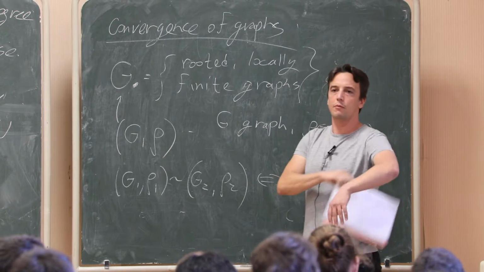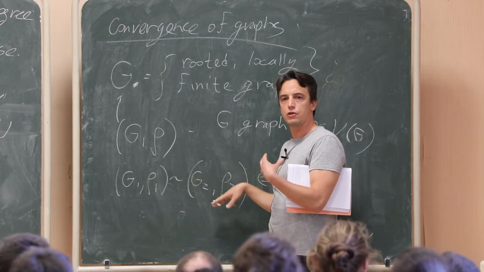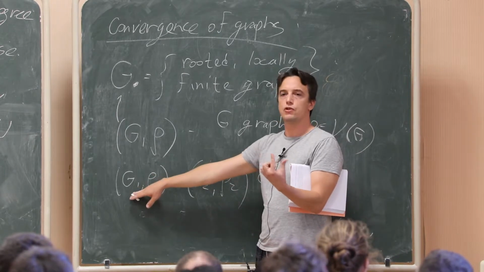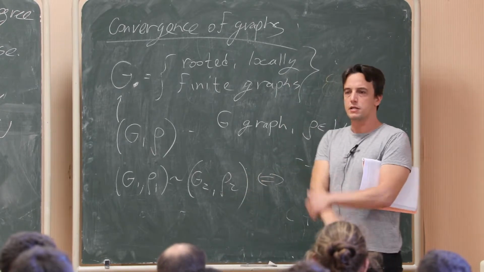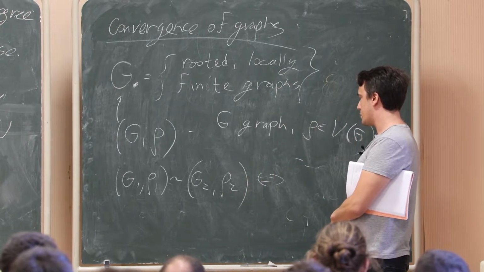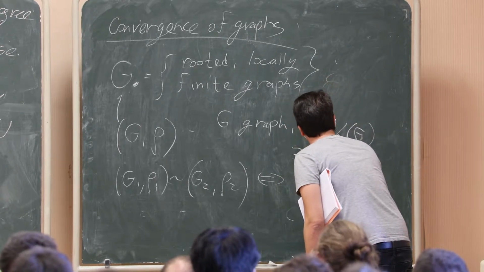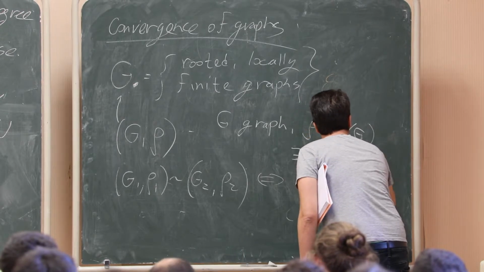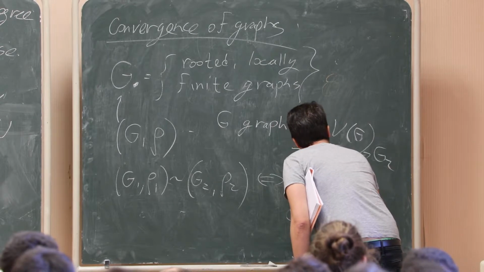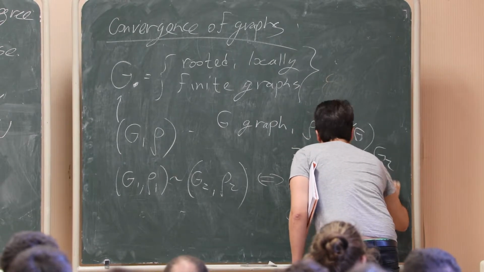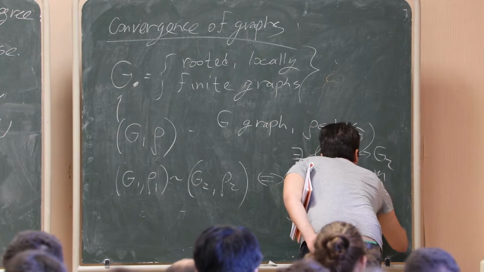The graph automorphism, I'm reminding you, is a mapping that is a bijection between the vertices of G1 and G2, such that every edge in G1 moves to an edge of G2, in the same way that Sebastian talked about last night. So this is if and only if there exists phi from G1 to G2 automorphism such that phi of rho 1 equals rho 2.